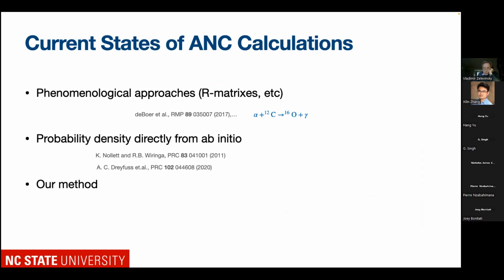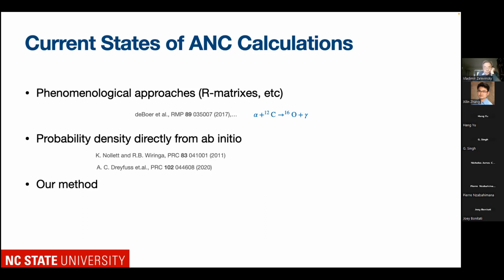The ANC parameters are really important parameters used to calculate the reaction rates in the astrophysical environment. And the ways of trying to compute ANCs from nuclear theories are basically two categories.